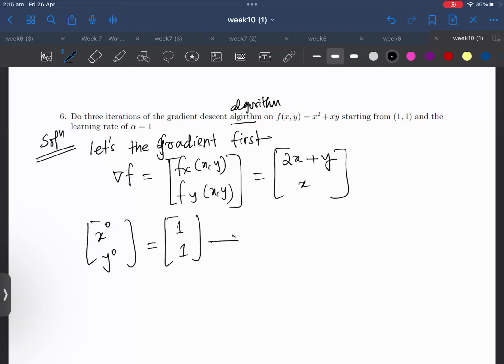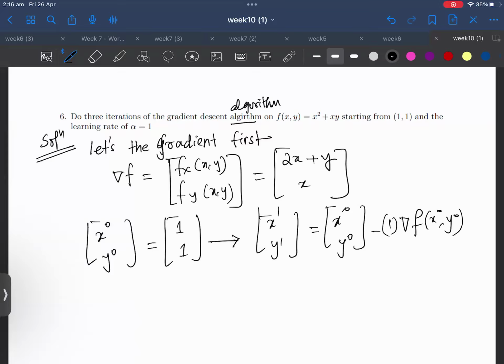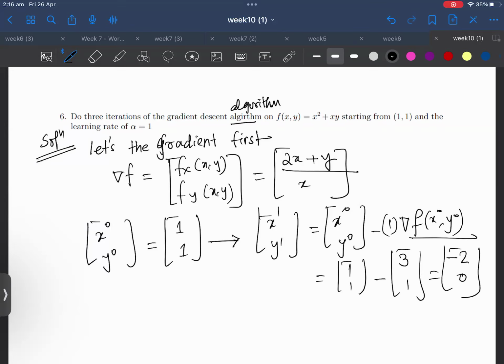So you can see from here x1 and y1 will give you x naught and y naught minus 1 times the gradient of f at x naught and y naught, (1,1) minus, if you plug these values in here, that will give you 3 and 1. So you have finally minus 2 and 0.